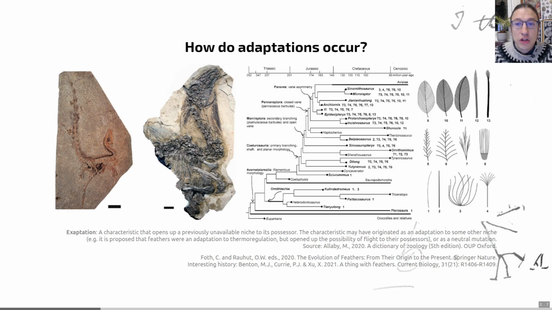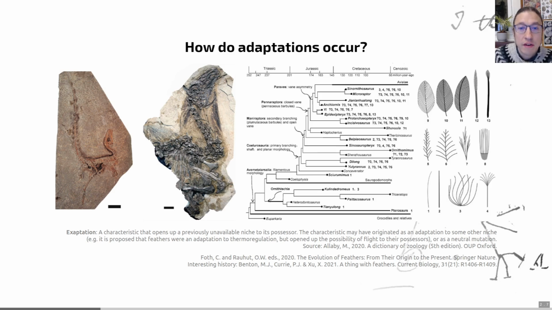This research suggests that before feathers were used in flight, they had already evolved to fulfill a wide range of biological roles, including thermoregulation, so helping organisms stay at the same temperature, and visual display. And all of that occurred prior to their co-option into flight. So these were not adapted for flight, but rather they were exapted. They were an exaptation towards flight.